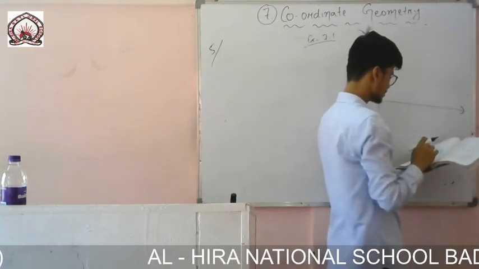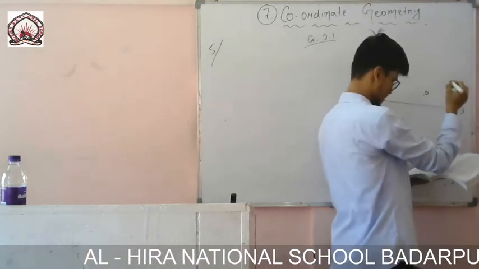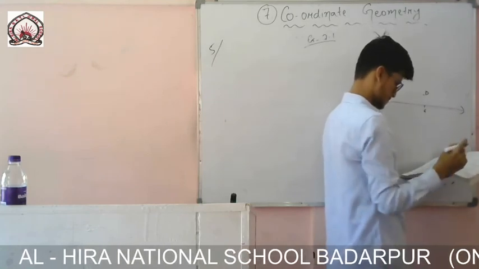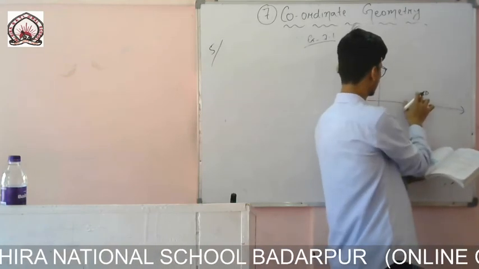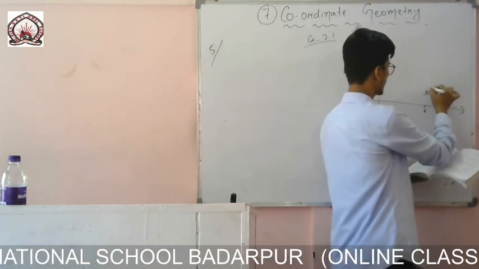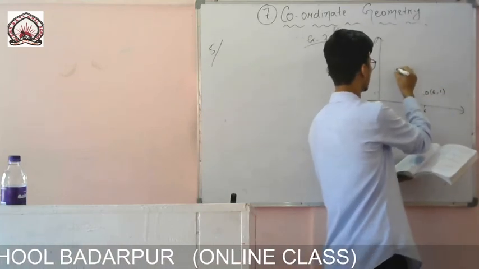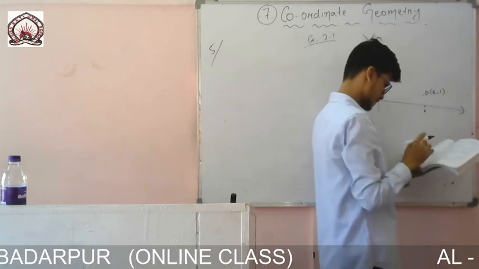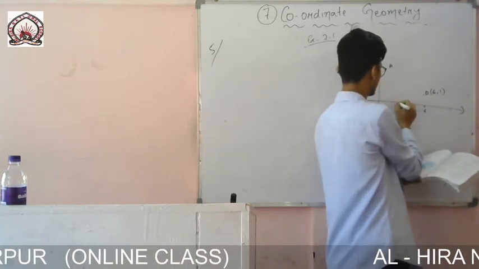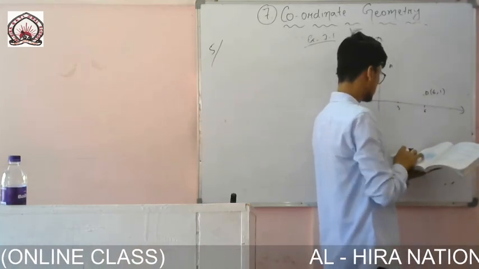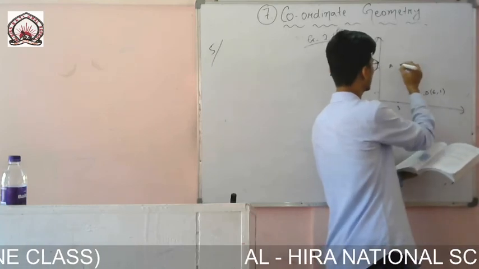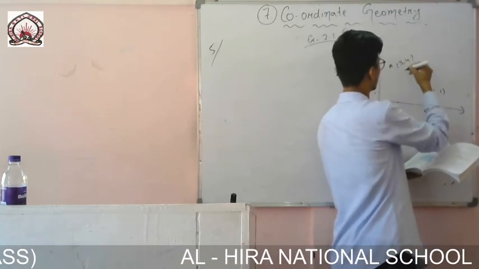First, you see where D is given: here it is 6, and that way it is 1, so it will be 6, 1. Then A is given at the third one here, and on that side 4, so it will be 3, 4.